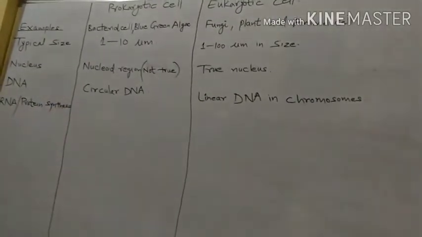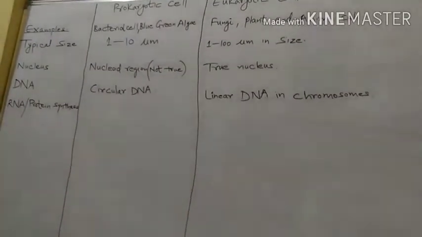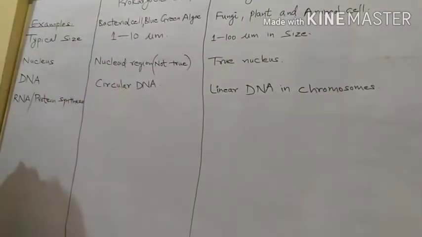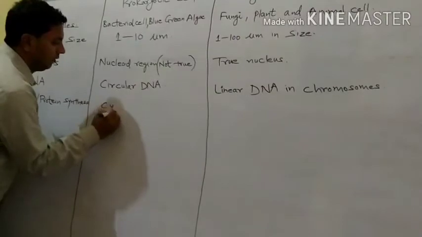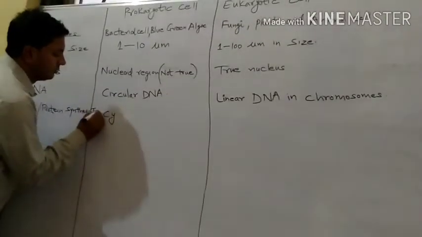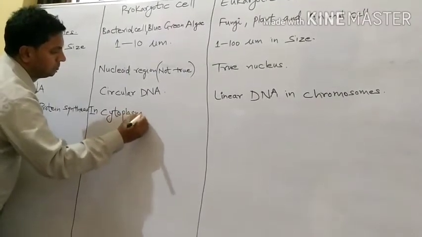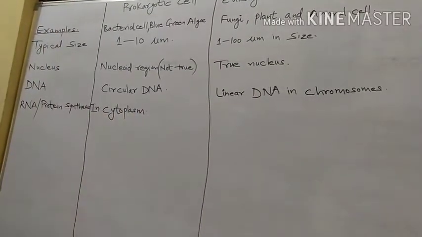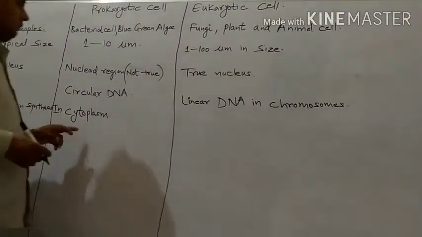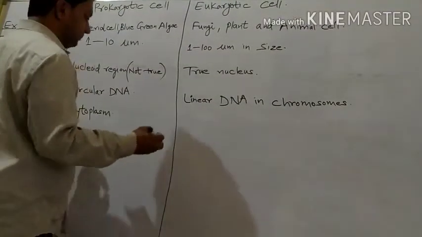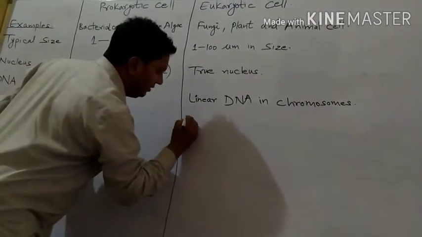See, when we are talking about RNA and protein synthesis, RNA synthesis and protein synthesis in the prokaryotic cell take place in the cytoplasm or cytosol. But when we are talking about the eukaryotic cell, in the eukaryotic cell, RNA is synthesized in the nucleus.